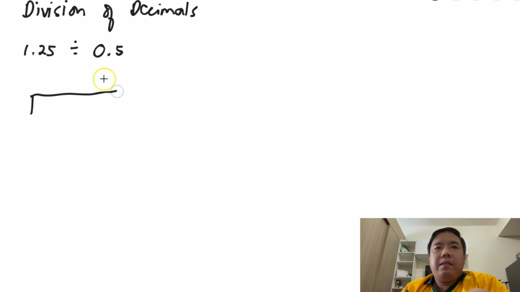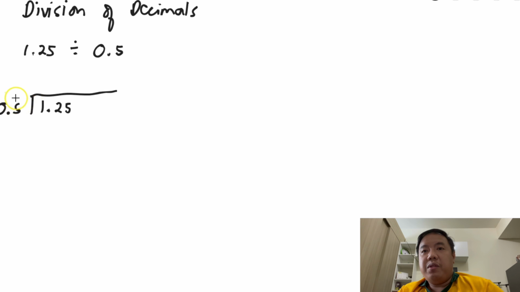So 1.25 will be the one inside since it's the dividend, and the divisor will be the ones outside. Now, the rule is, if your divisor has a decimal, you need to make it a whole number. So since this is only one decimal point, you just need to move this one to the right.